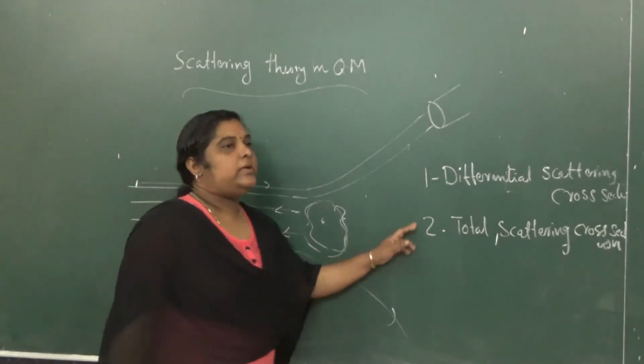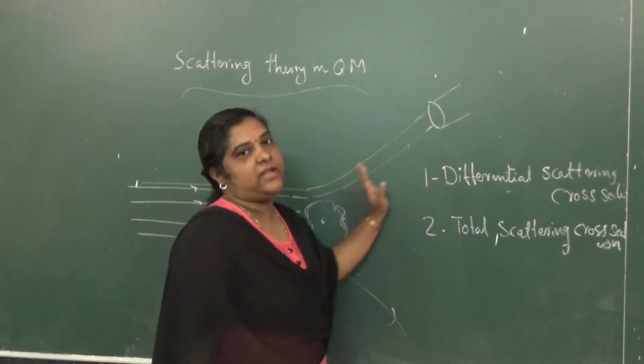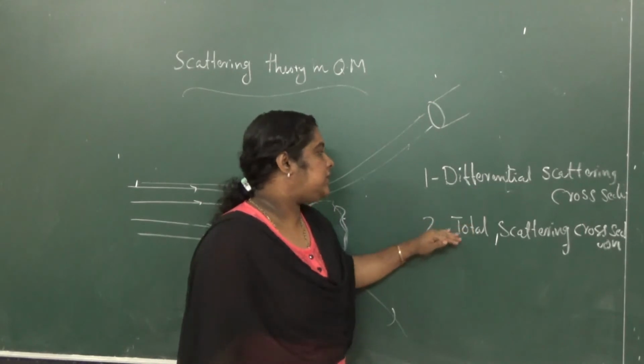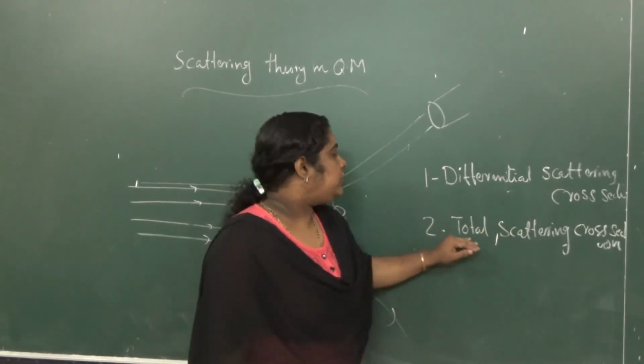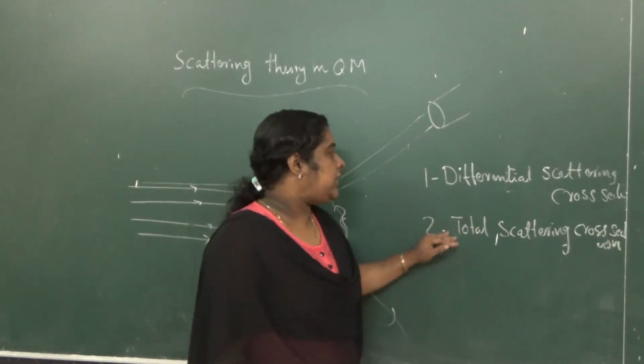These two quantities are called the experimental quantities of scattering. We have to find out the differential scattering cross section and the total scattering cross section. We will discuss what they actually are.